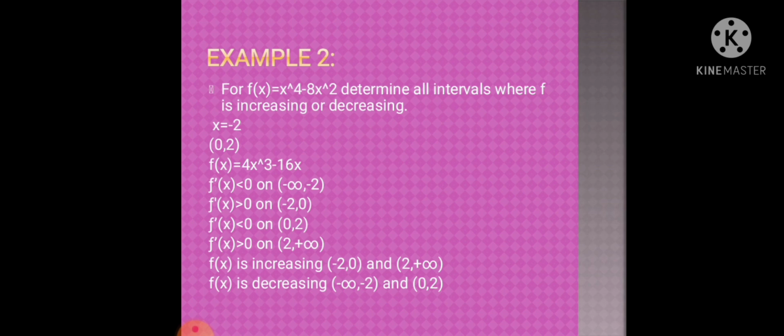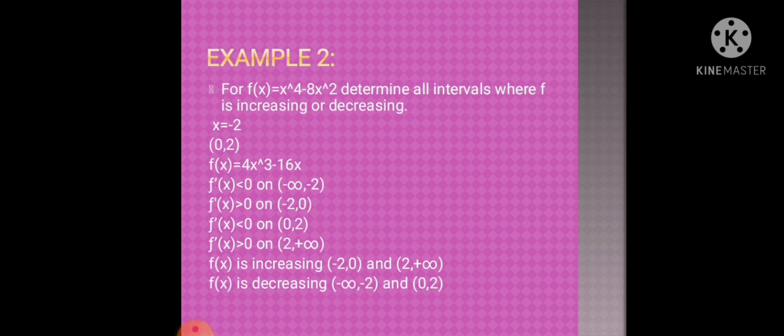So f'(x) is less than 0 on negative infinity to negative 2. f'(x) is greater than 0 on negative 2 to 0. f'(x) is less than 0 on 0 to 2. f'(x) is greater than 0 on positive 2 to positive infinity.